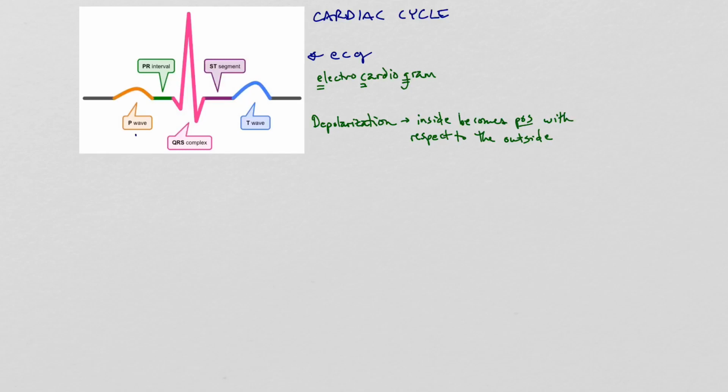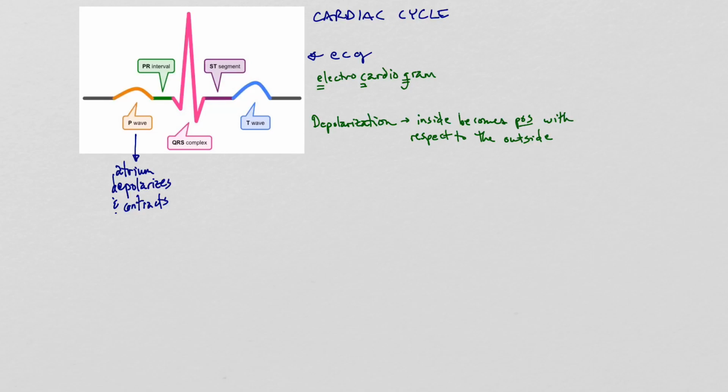Okay, so let's talk about the P wave. This is when your atrium depolarizes. So your atrium depolarizes and contracts. Just like with your nerves, the nerves only work when the inside is positive with respect to the outside. Your muscles are the same way. The nerves connecting to your muscles are the same way.